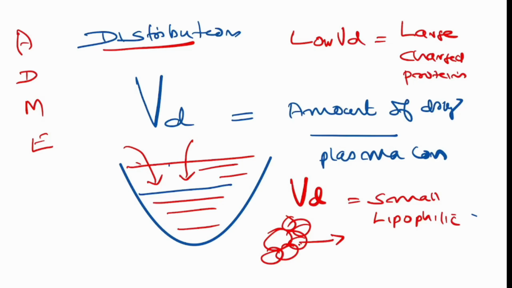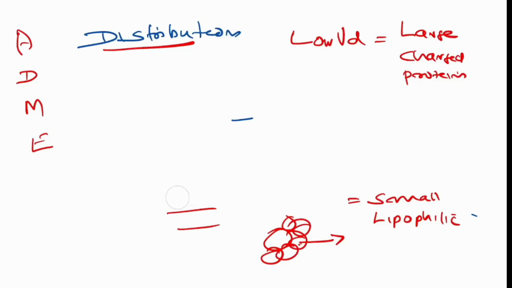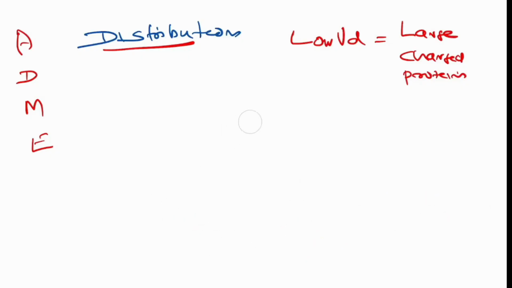Now we'll think about protein binding. Drugs may be bound to various proteins. Suppose the drug is there and it is bound to proteins, what happens?